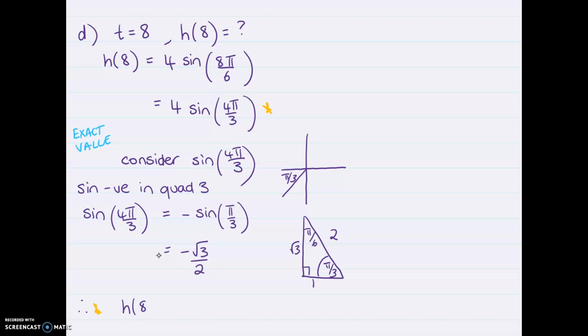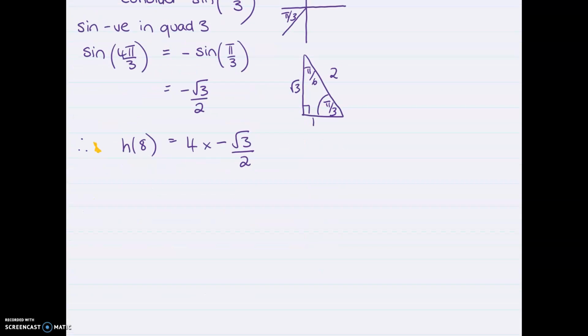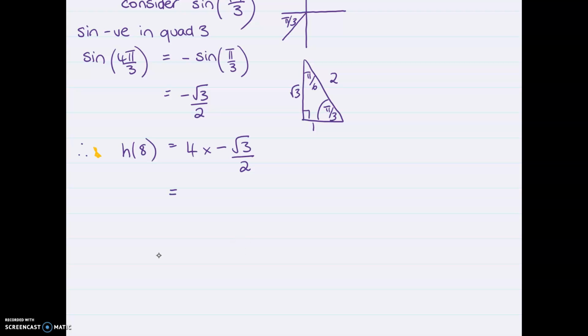So h of 8 is going to equal 4 lots of negative root 3 on 2. And you can cancel that down a little bit to negative 2 root 3 metres. So I could just say, instead of putting the negative, that it's 2 root 3 metres below the mean height at 8 am.